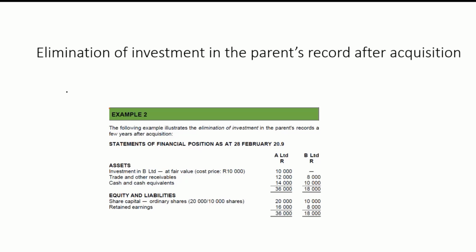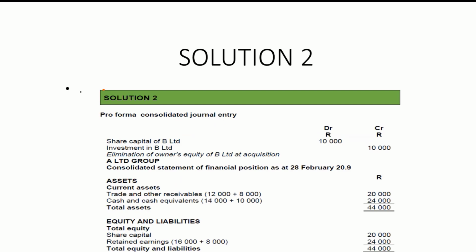Good. So we've done the first step. We combine them line by line, adding them together. Then we prepare our pro forma journal entry: debit share capital 10,000, credit investment 10,000. Because I've credited investment and debited share capital, I've eliminated that 10,000.